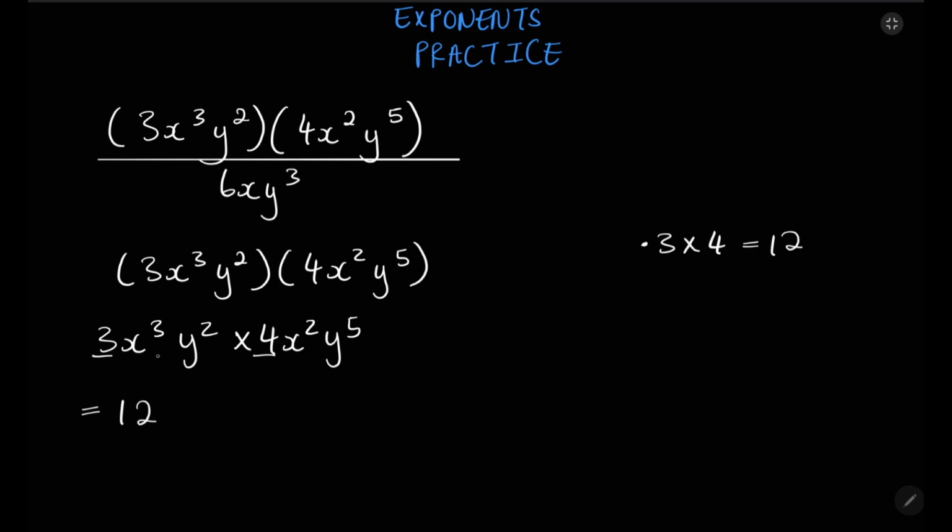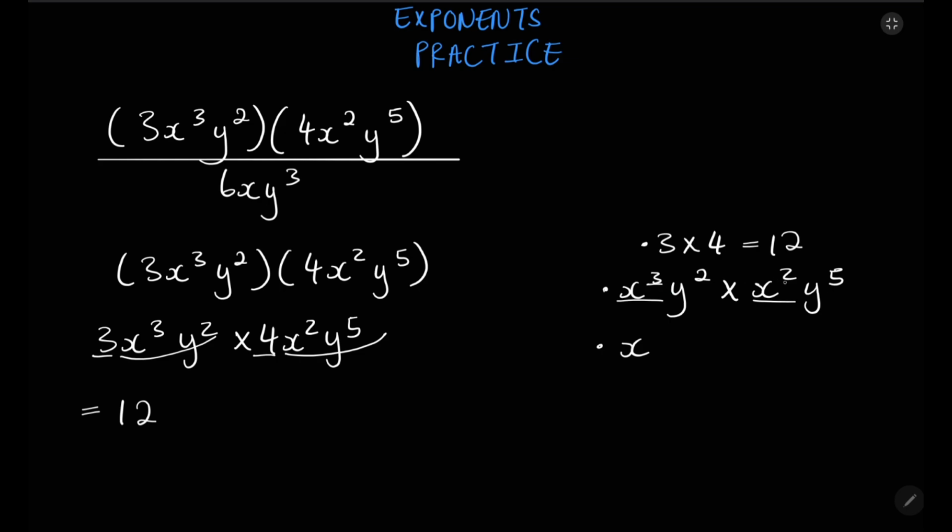Let's move to our variables. We have x to the power 3, y to the power 2 times x to the power 2 and y to the power 5. Now let's solve. We have x and x. We have the same base. You write down that base.